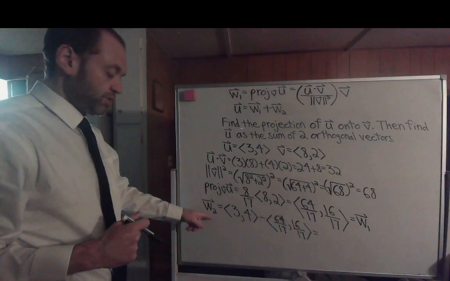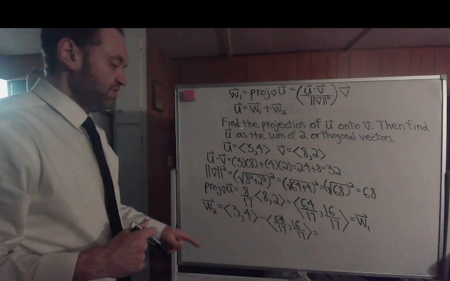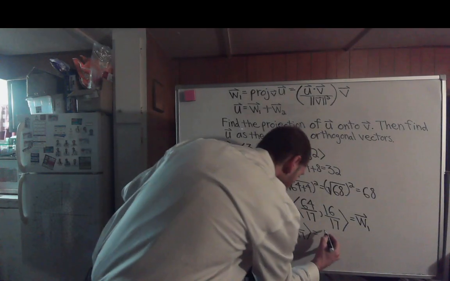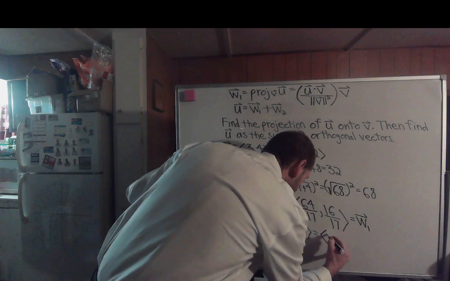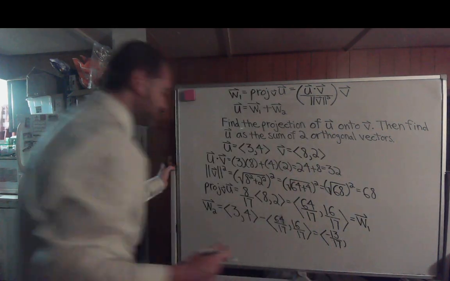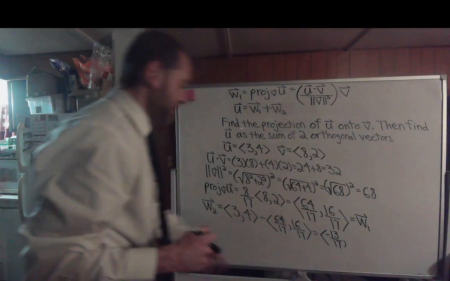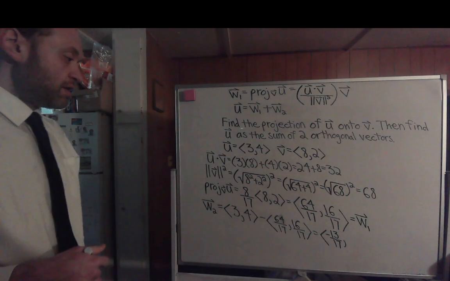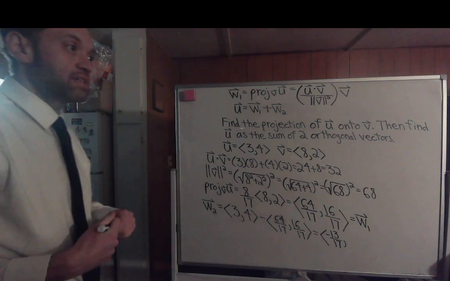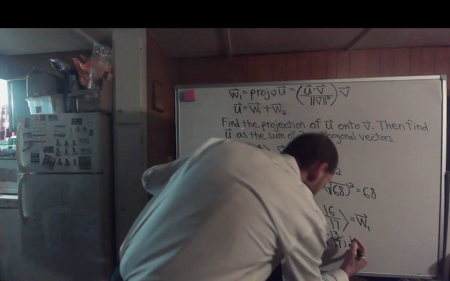For vector w sub 2, 3 minus 64/17, that's 51/17 minus 64/17. So that would be negative 13/17 for the first component of vector w sub 2. And then if we take 4 minus 16/17, 4 in terms of 17ths is 68/17. So 68 minus 16 is going to end up being 52/17.